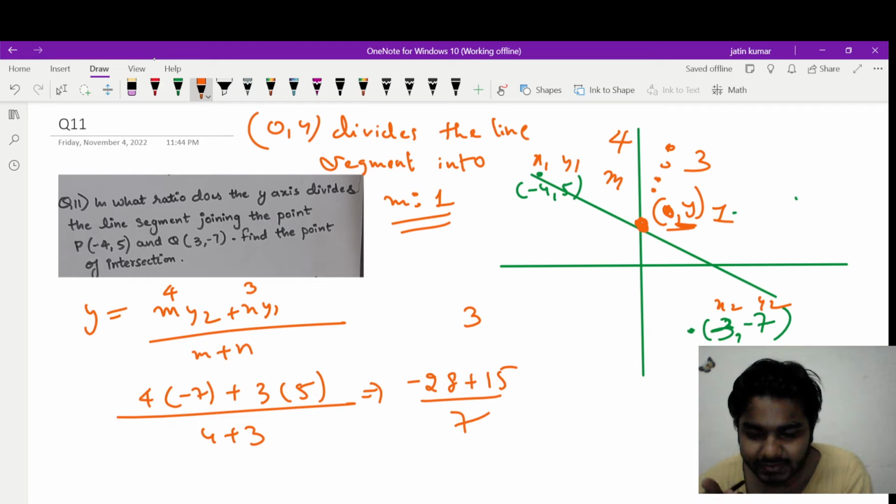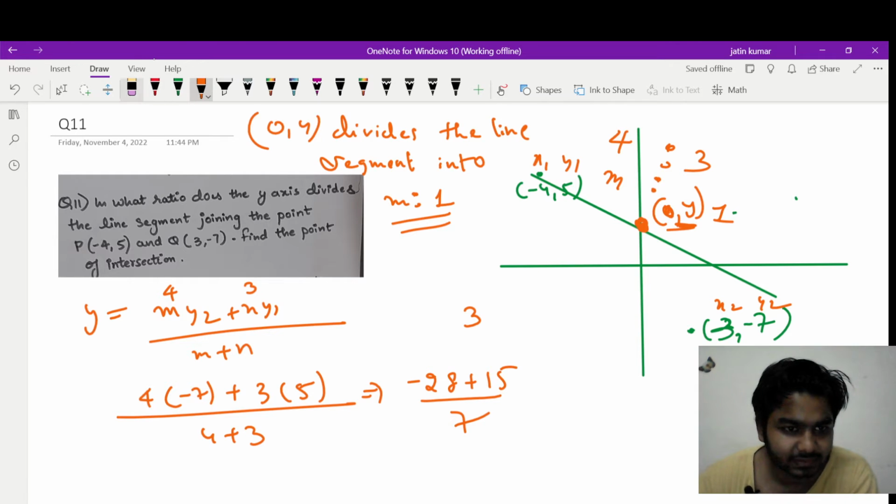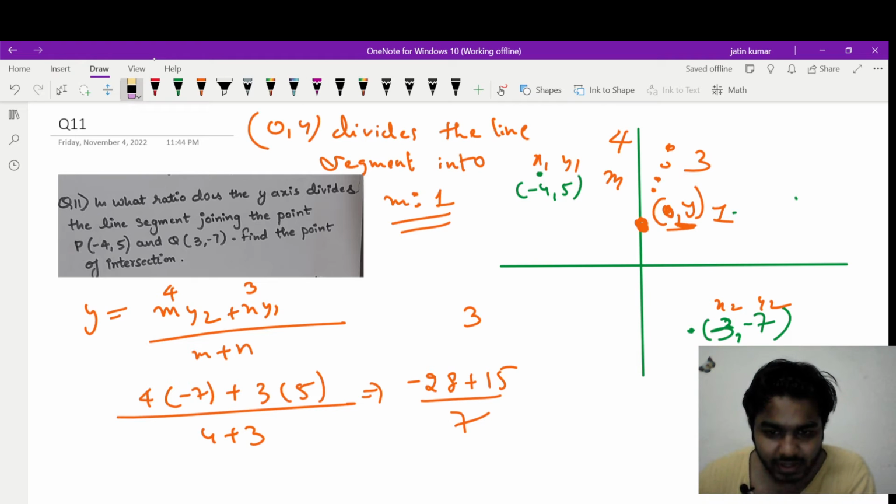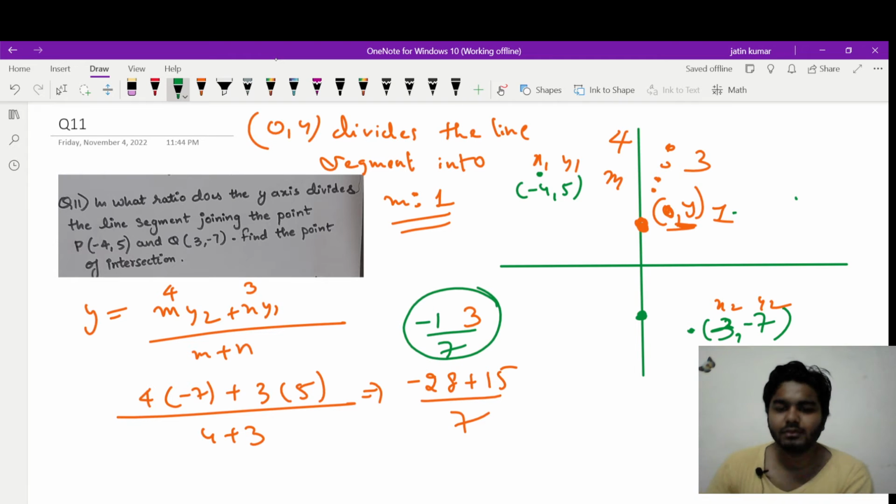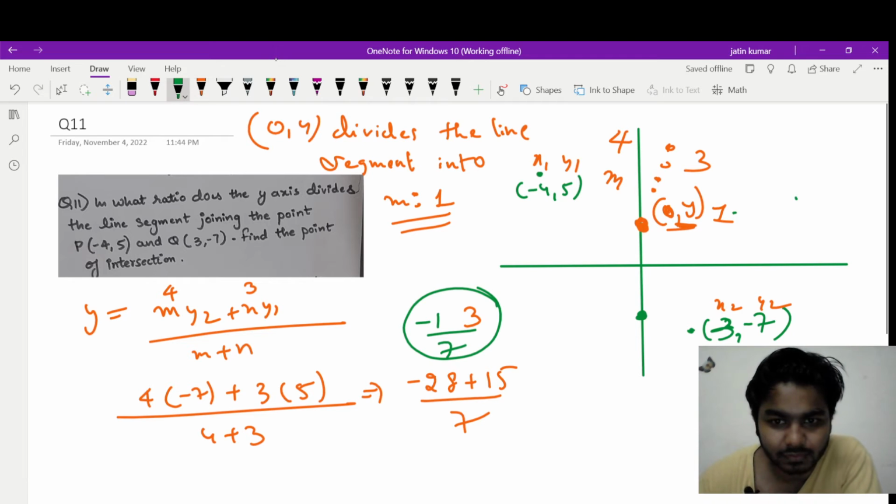x1, y1, x2, y2. If you have assumed the ratio 4:3, okay, 4:3 is coming. So m y2 and n y1, this line will go through somewhere in the lower end. If we are getting the y coordinate negative, it means that this line will pass through the lower end of the y-axis. So the answer will be -13 upon 7, somewhere here, the lower end of the y-axis.